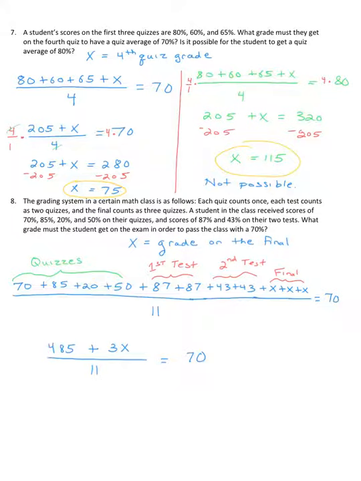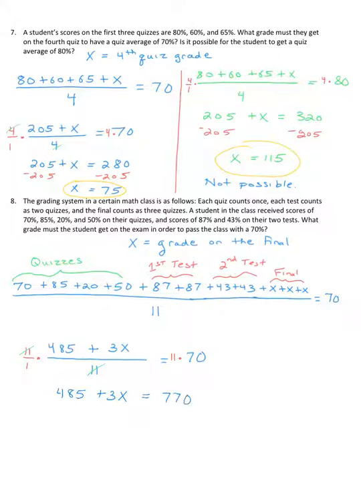So now I have to solve this equation for x. I'm going to do that by multiplying 11 to both sides. On the left, those 11s cancel. So I get 485 plus 3x is equal to, and then 70 times 11 is 770.